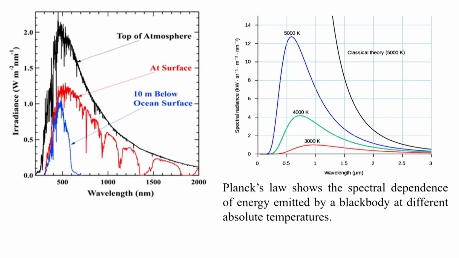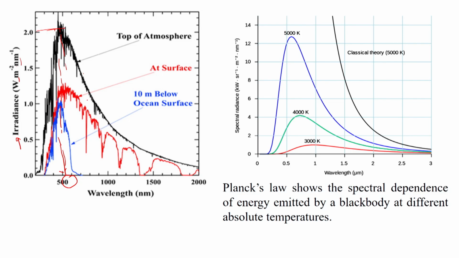For example, here the irradiance is plotted in watts per meter squared per nanometer, and the maximum is somewhere around 2, peaking around 0.5 micrometer or 500 nanometer, at the top of the atmosphere.